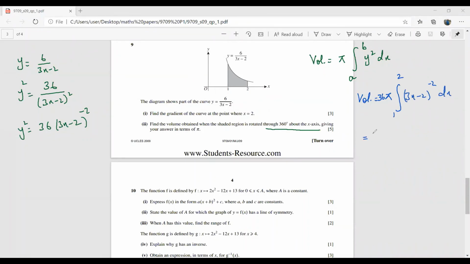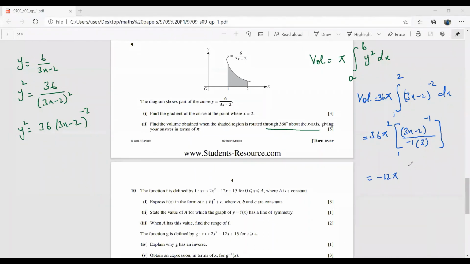So this is going to be 36 pi, 1 to 2. Its integral is 3x minus 2 to the power minus 1 over minus 1 times this 3. So do not forget anything. These are very long questions. Now this 3 can be cancelled with this 36 over here. And I will be writing this as minus 12 pi.